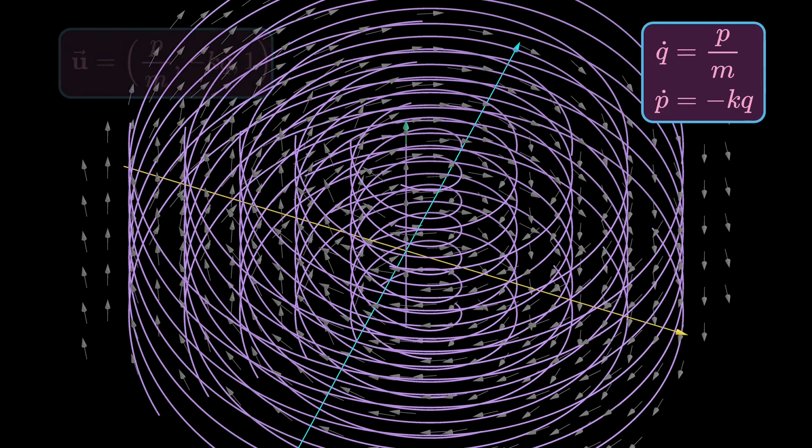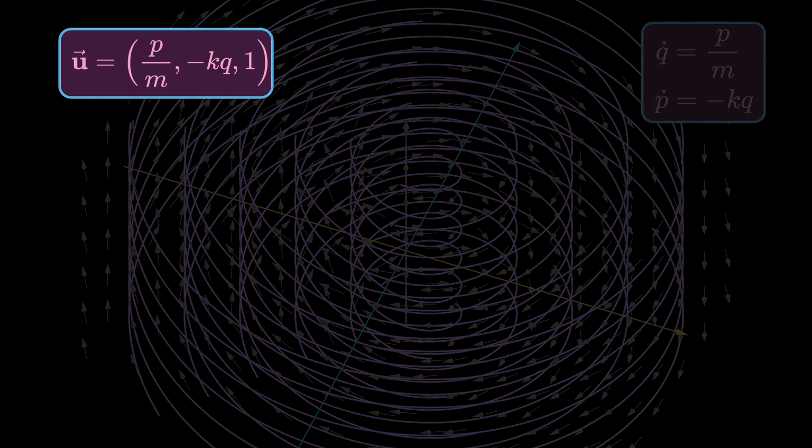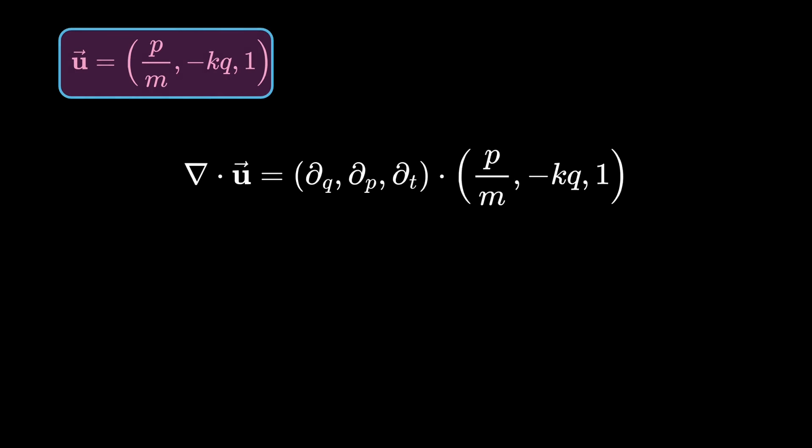If you want to verify the divergence-free property algebraically, it's still not too difficult. The first component doesn't depend on q, the second component doesn't depend on p, and the third component doesn't depend on t, so the divergence is 0 everywhere.